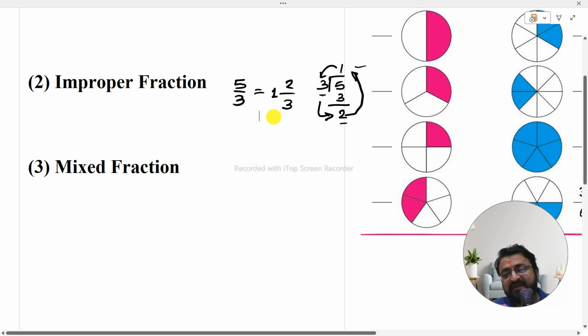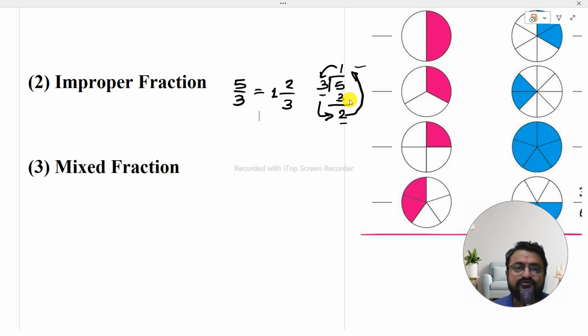Now, how can we speak it? There are 2 parts in the number. One is called the whole part, and 2 upon 3 is called the fraction part. The answer is called 1 whole 2 upon 3, or, when you learn your integer chapter, you can also say 1 integer 2 by 3. Now, did you notice something?